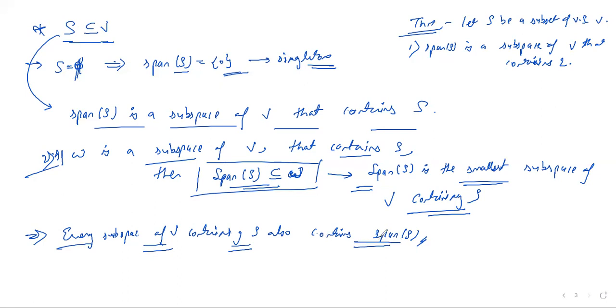Okay, so this is the smallest subspace of V. It can also be said like this: any set of vectors which spans the vector space V and contains the smallest possible number of vectors must be linearly independent.